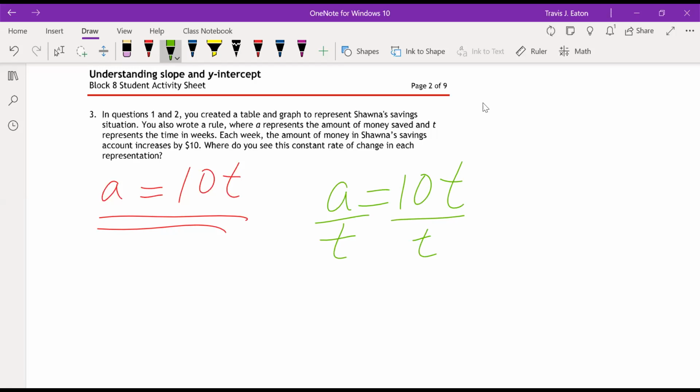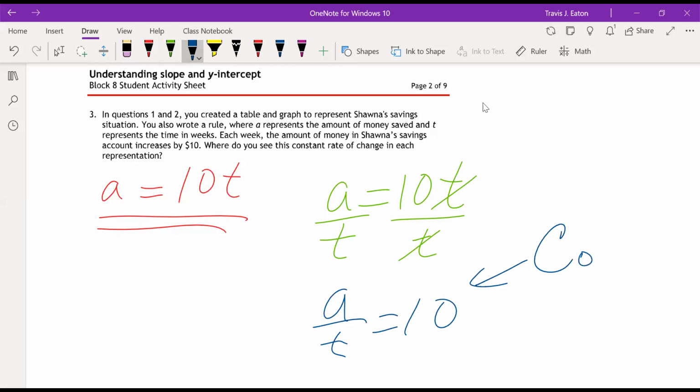So when I do that, those cancel each other out. And so my other equation that I can use would be A divided by T equals 10, which is our constant of proportionality. Very nice indeed.